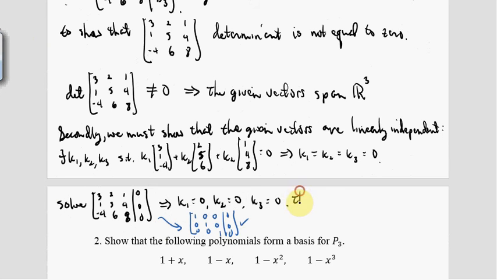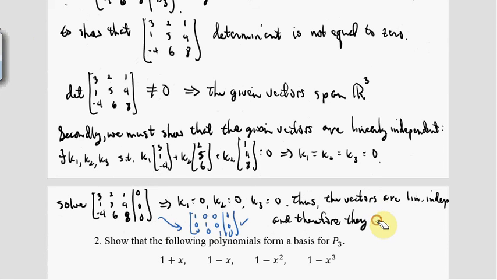So, thus, the vectors are linearly independent, and therefore they span R3. Therefore, they form a basis for R3.